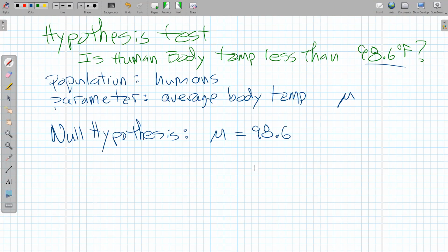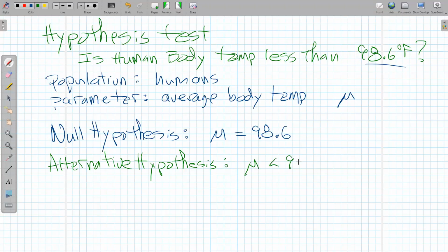Now, the question that's asked sometimes is the null hypothesis, but sometimes it's what we call an alternative hypothesis. So I have this alternative to that. And my alternative is that I think it's actually less than 98.6.